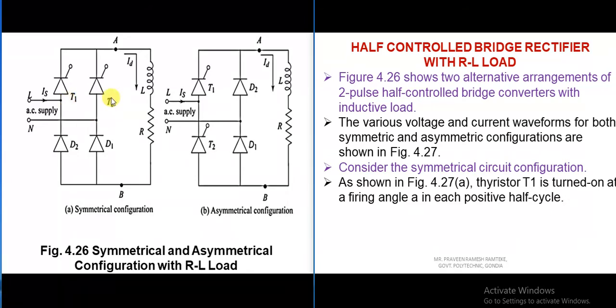And during the negative half cycle, after the firing angle pi plus alpha. Why pi plus alpha? Because in the negative half cycle the conduction period has already gone up to pi, so the next firing angle for the SCR T2 will be after pi plus alpha.